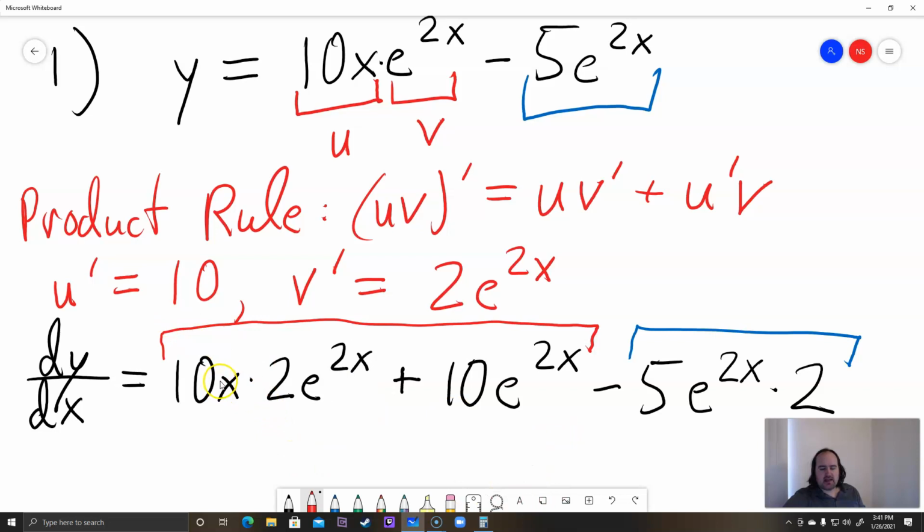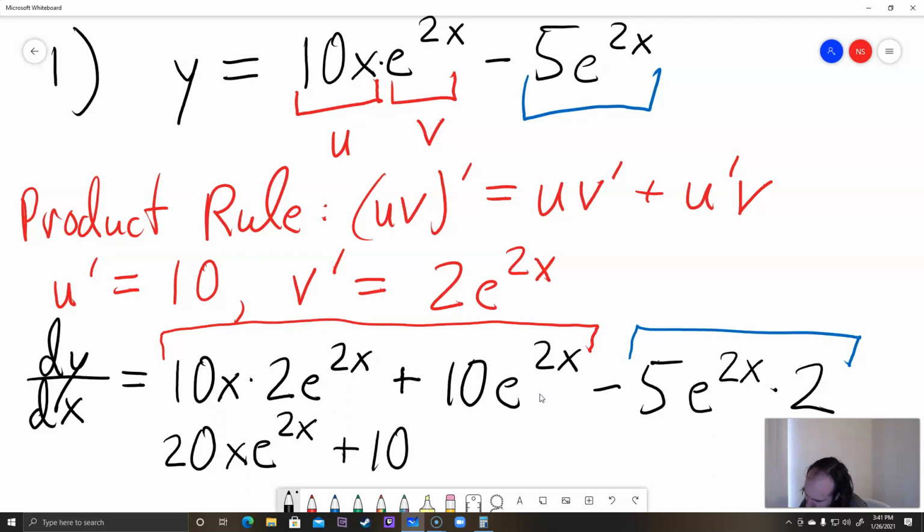Okay, so here 10 times 2 is 20. So for our first term, we have 20x e to the 2x plus 10 e to the 2x minus 5 times 2 is 10 e to the 2x. Okay?